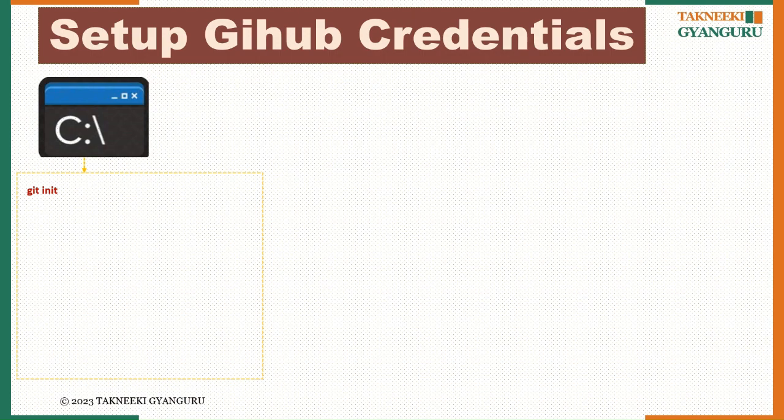First of all, you need to initiate Git in your folder, then the git add command will add all your files and folders into Git. It is still on your local system. Then you have to commit whatever changes you have made on your system, and then git branch main. You have to select in which branch you want to push your code, right?